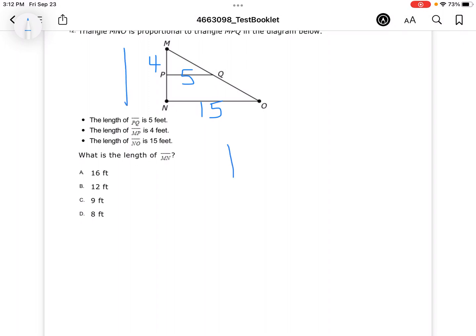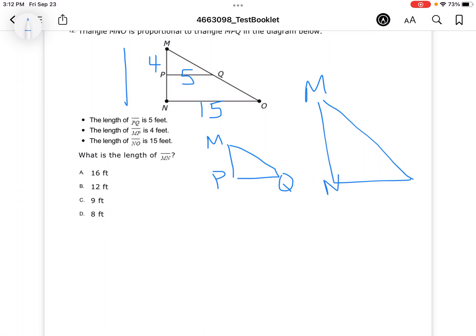You could also draw it out where you've got MPQ, and then draw a bigger version, because you guys are a lot better at these, M and O, and label it this way. Oops.